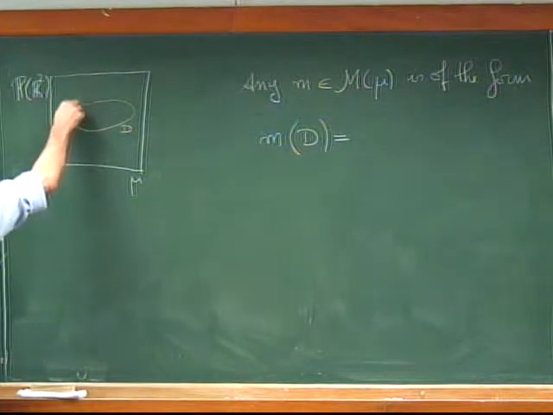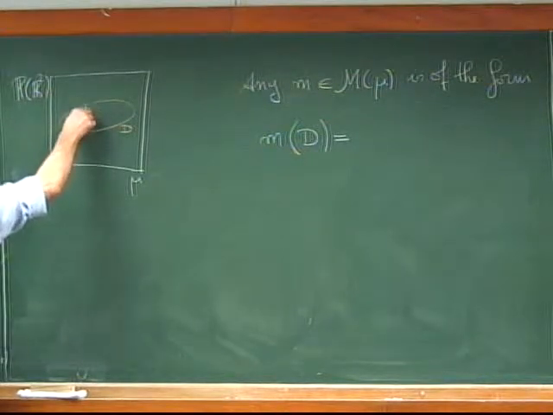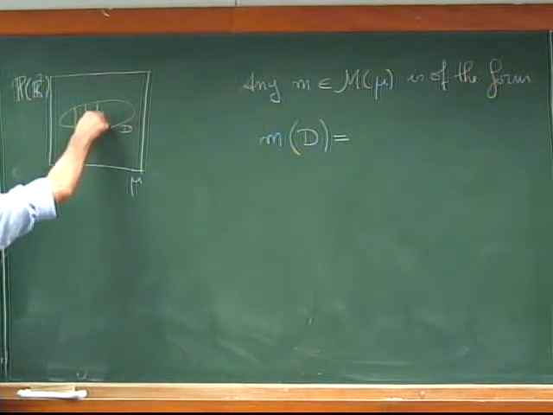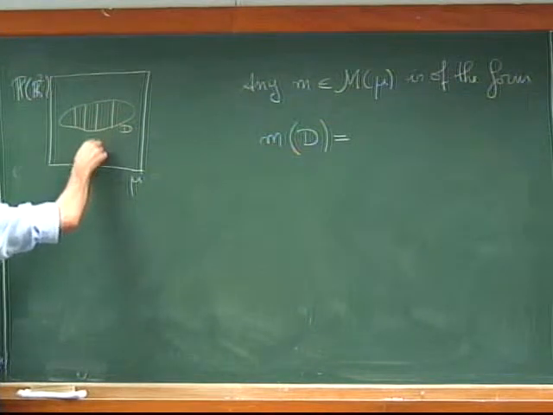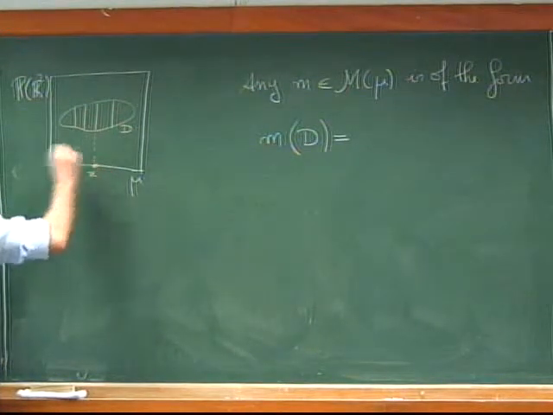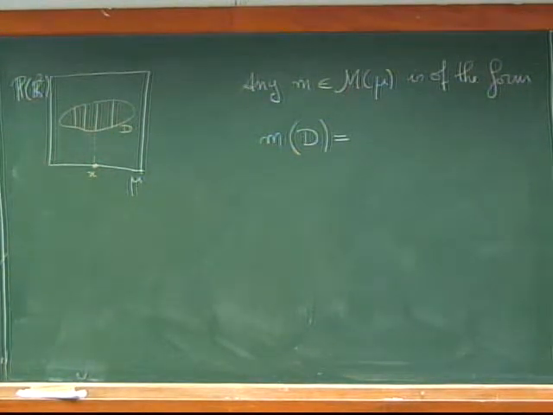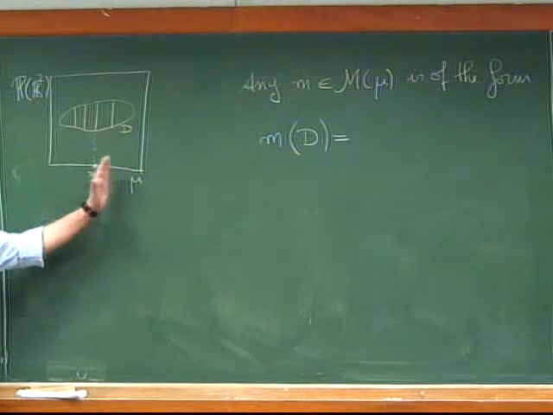First, you measure the verticals. For each point x, you measure the verticals. And then you take all those numbers and you integrate with respect to mu.